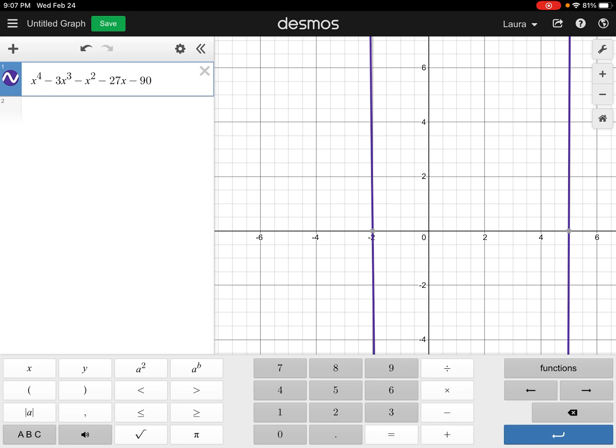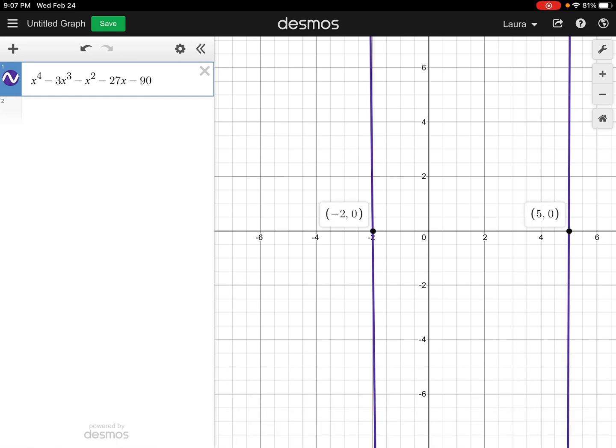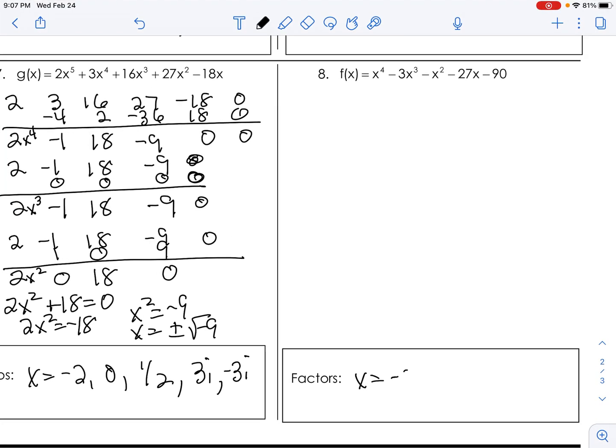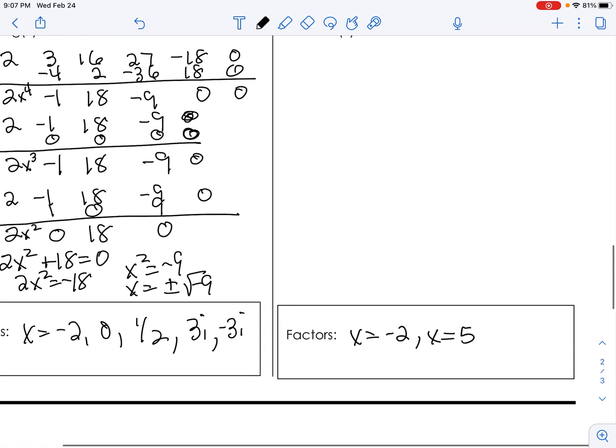Okay. So I think that's right. So we've got a 0 at -2 and at 5. Okay. So x equals -2, x equals 5.